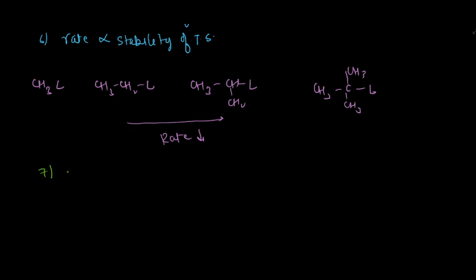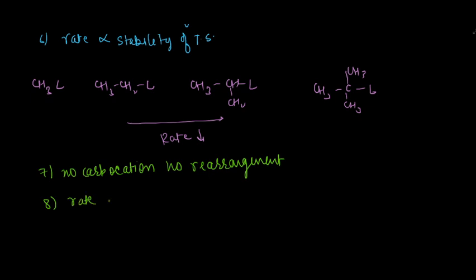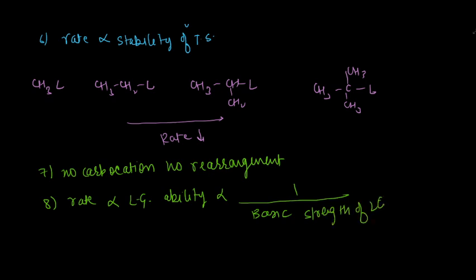Seventh, we have no rearrangement, no carbocation. There is no carbocation formation, hence there is no rearrangement. Eighth, rate is directly proportional to the leaving group ability, and inversely proportional to the basic strength of L negative.